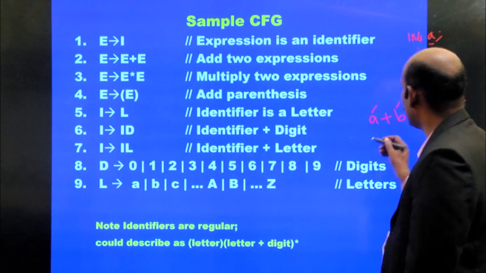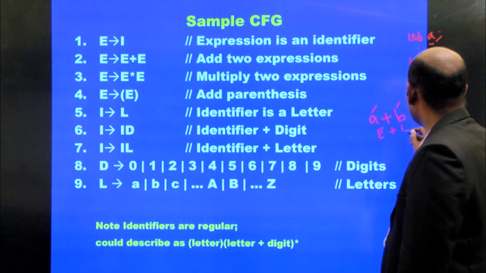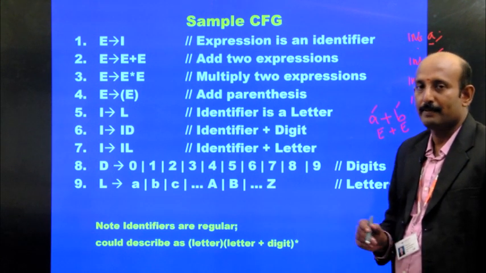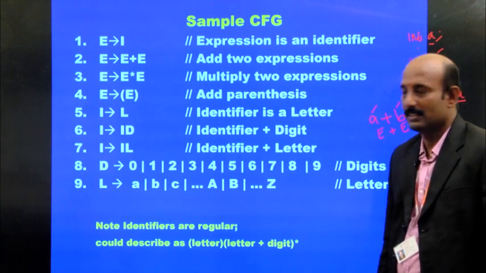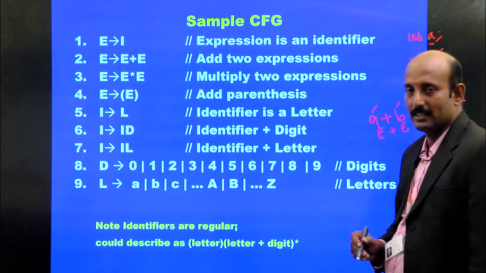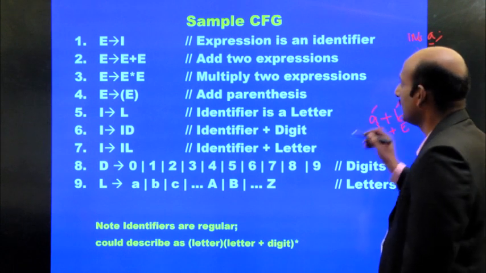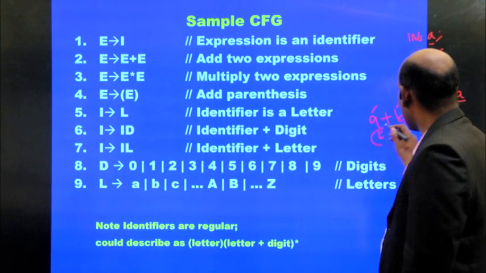E stands for the expression, so it is called E plus E. Why do I mention E plus E? A plus B is an arithmetic expression, addition. E plus E stands for one expression that contains A and one more expression that contains B. These two expressions are added.